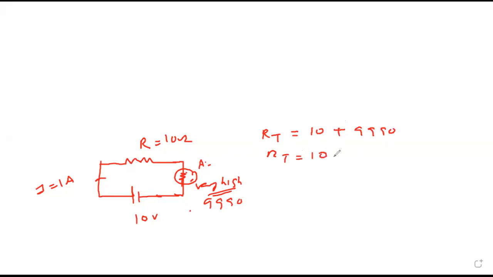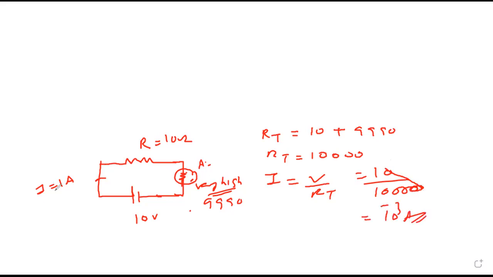That will become 10,000. Now I will become voltage upon resistance. Voltage is 10 upon 10,000. So 10 cancel. It will become 10 raised to minus 3 ampere. So earlier which was 1 ampere, due to high resistance it is recording 10 raised to minus 3 ampere. That means our device is not giving me correct result.